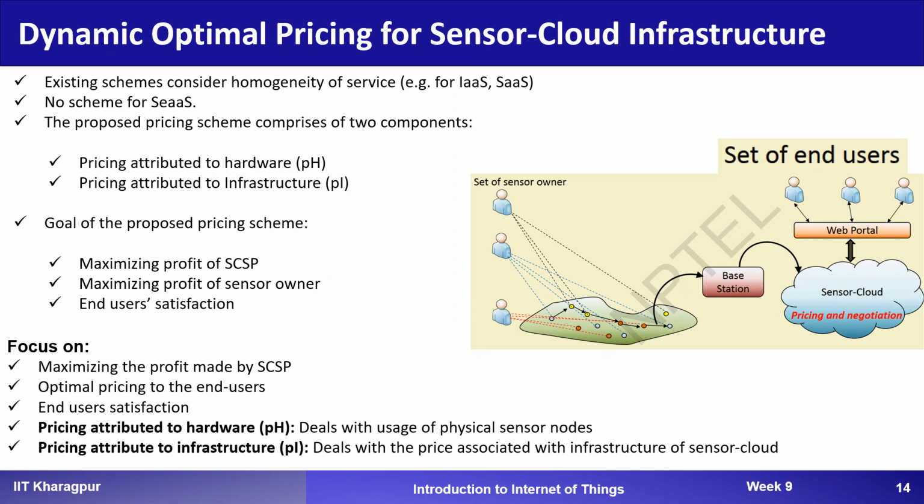Now, dynamic optimal pricing for sensor cloud infrastructure. The existing schemes consider the homogeneity of the services. There is no scheme present for sensor as a service. So the proposed pricing scheme comprises two components.